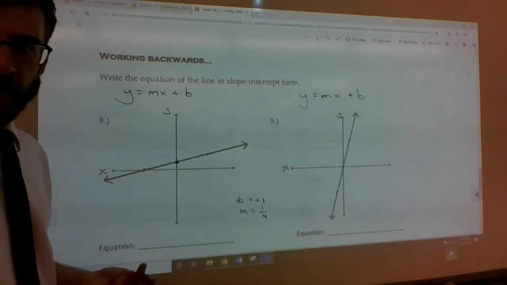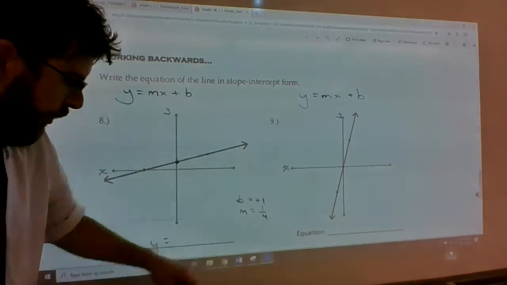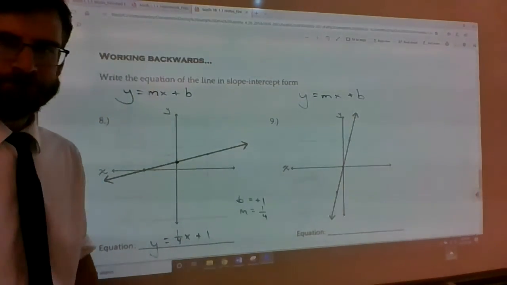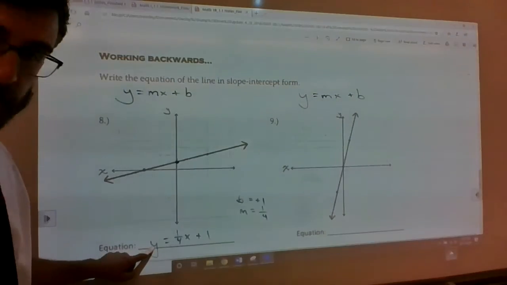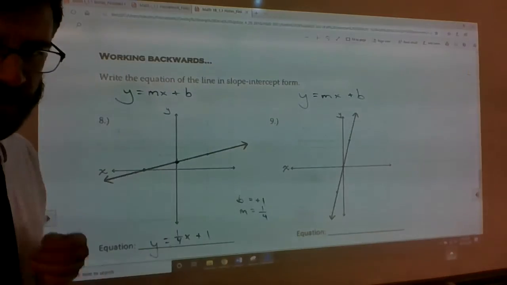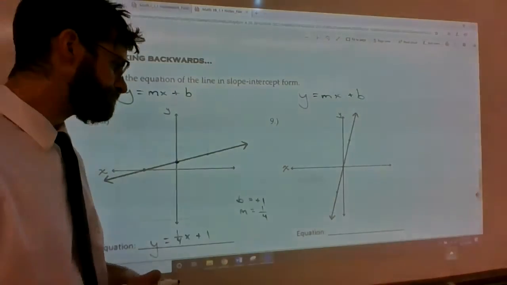So we rewrite y equals mx plus b as y equals 1/4 x plus 1. So make note of the fact that you always have a y that's a placeholder, you always have an x that's a placeholder. And then the slope and the y-intercept are the things that actually need to be filled in.